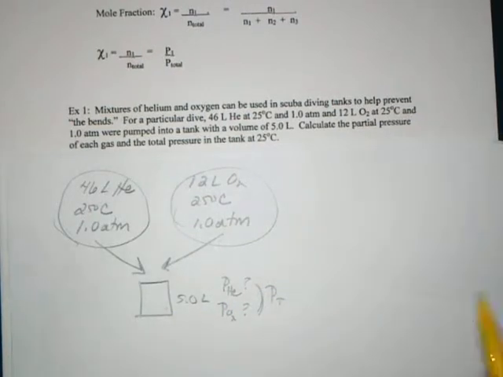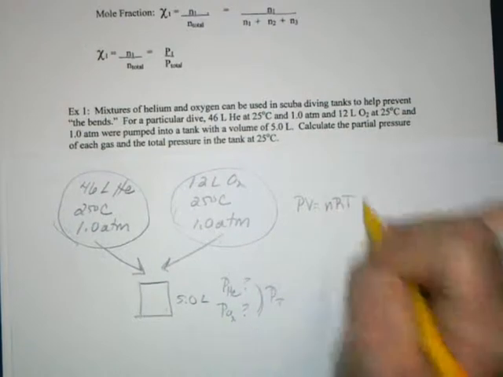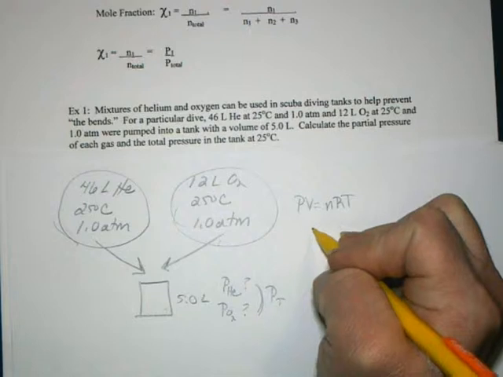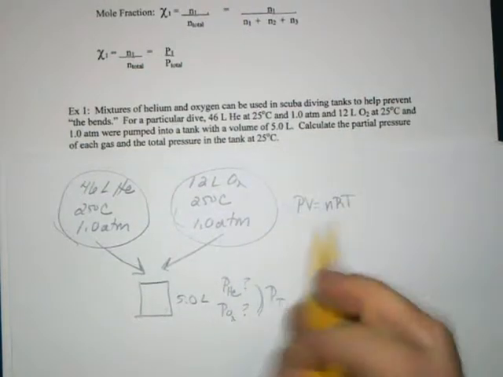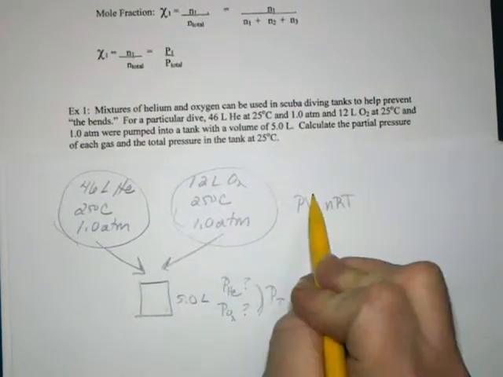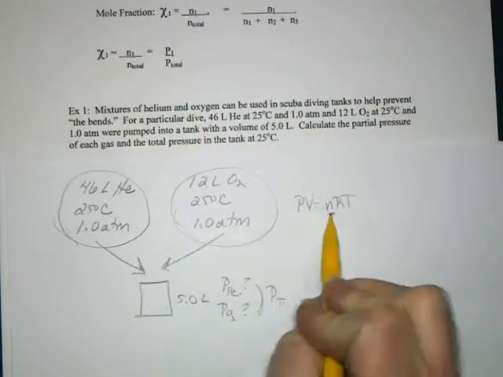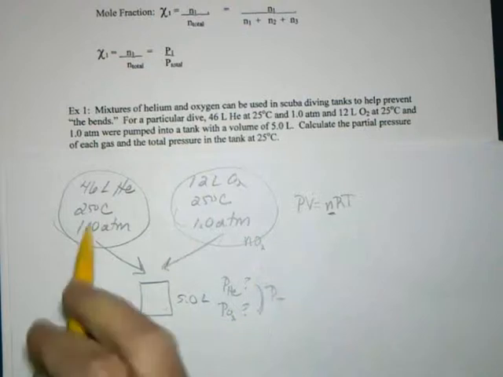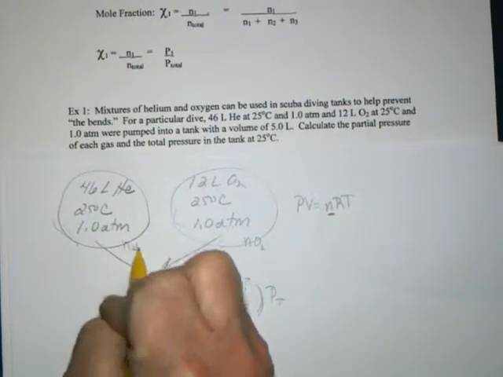Well, because I like to rely on the ideal gas law whenever possible, our only true AP chemistry gas law, what I chose to do was to input volume and the original pressure and this temperature to find the moles of oxygen that I had, to do the same but with this different volume to get the moles of helium.